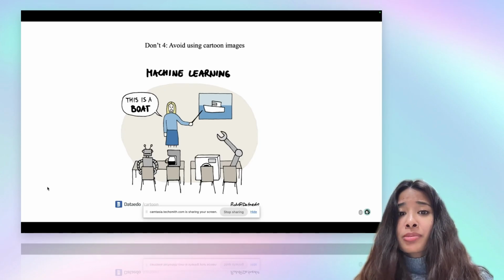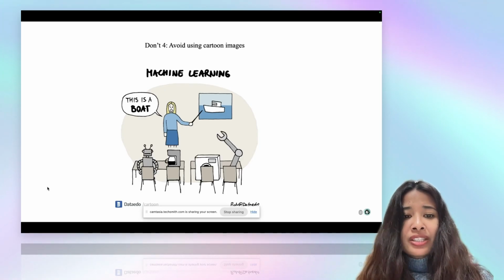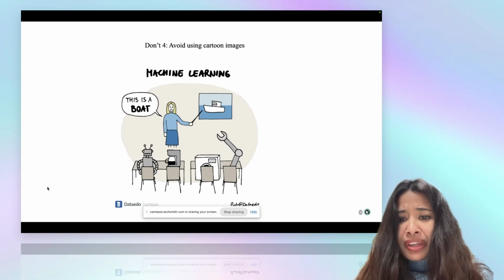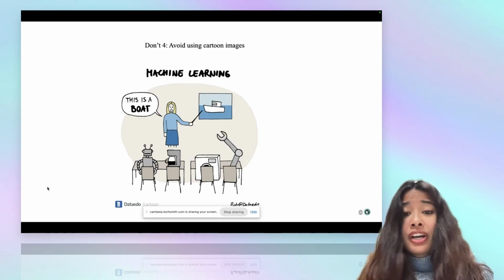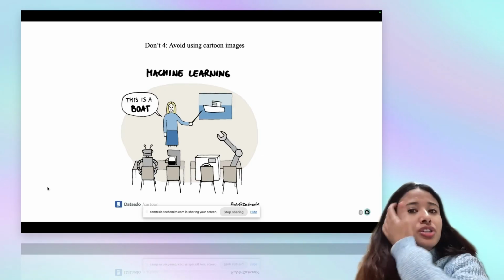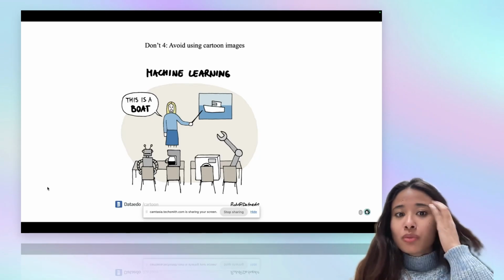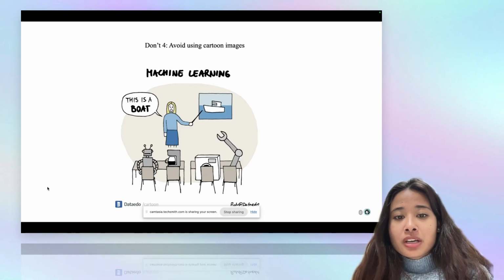For instance, if you're trying to explain machine learning, don't really use cartoon images like this from, I don't know, data add-on or some cartoon. Don't really use words or images like this. It looks very unprofessional, and it's not how you actually try to present, right? This is one thing which I notice, and I think we should avoid using cartoon images.